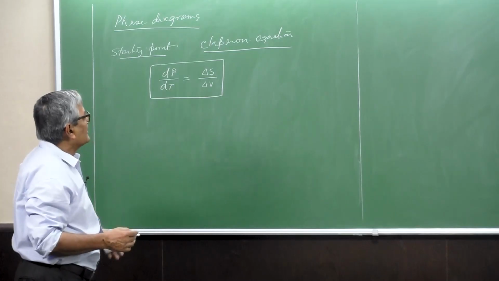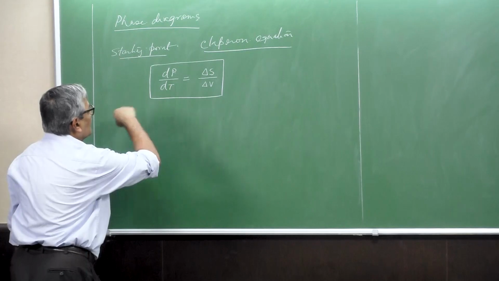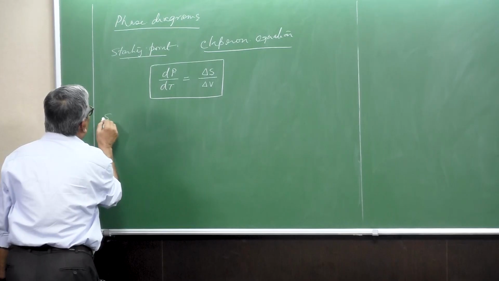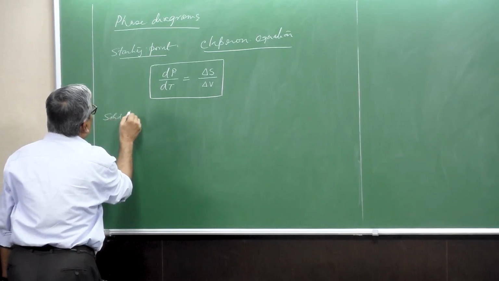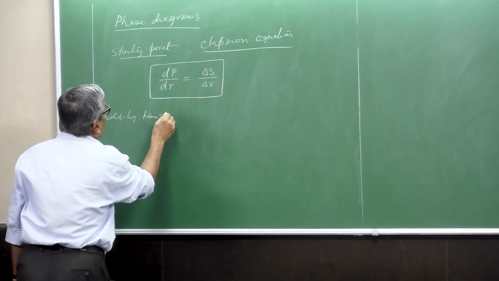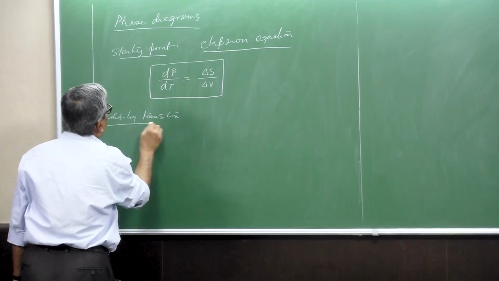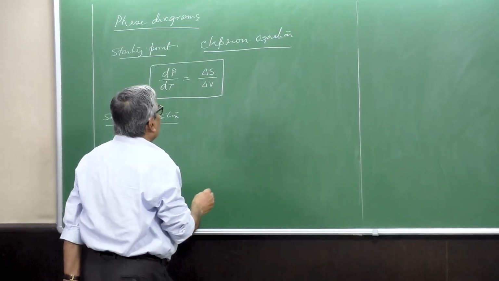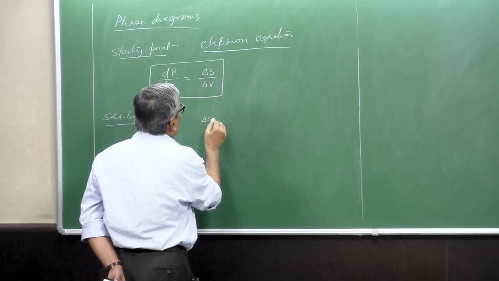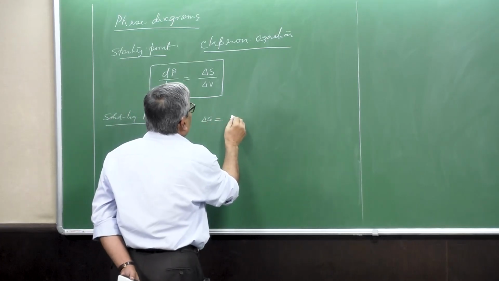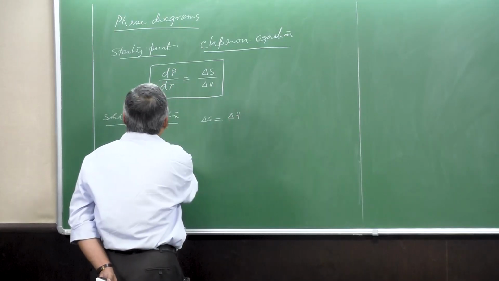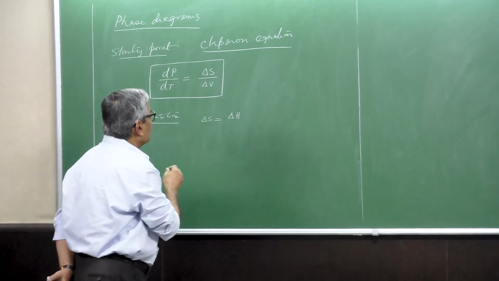That is, we first consider the solid to liquid, or melting process, that is the solid to liquid transition. So, in this case, we first take note that delta S is basically something to do with delta H. Again, solid to liquid describes the fusion.